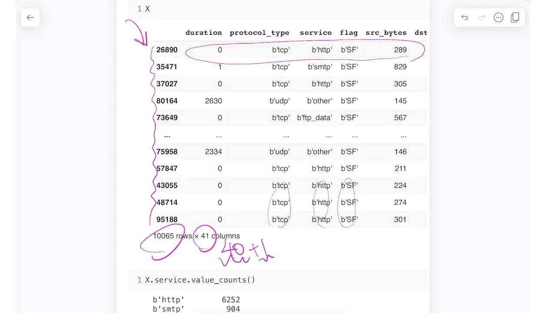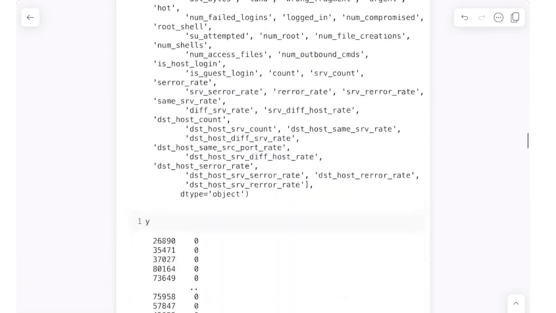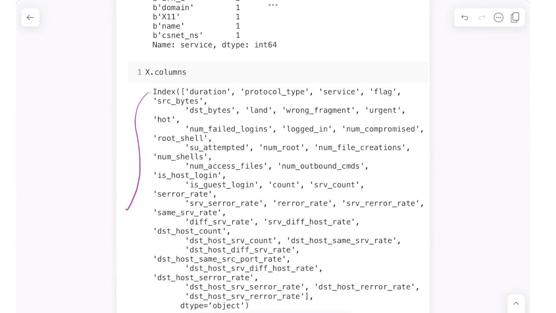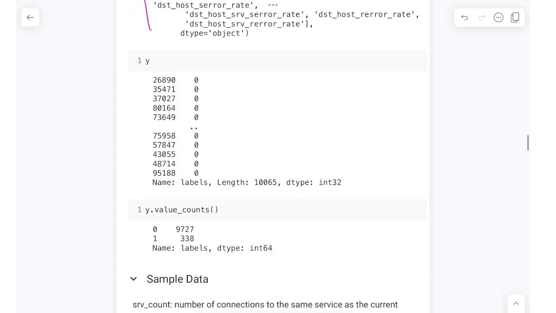But because in this hour we only teach you how to use linear regression and logistic regression, I selected some columns. Here is y, so it is either 0 or 1. We have many thousands of data points classified into the 0 class, and some of them classified into the 1 class.